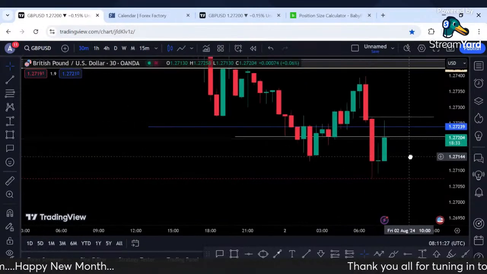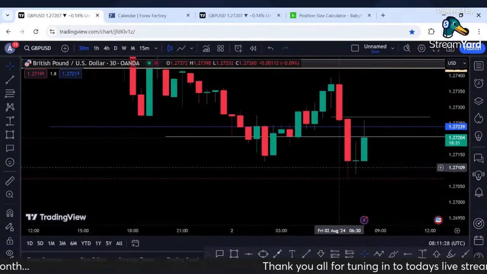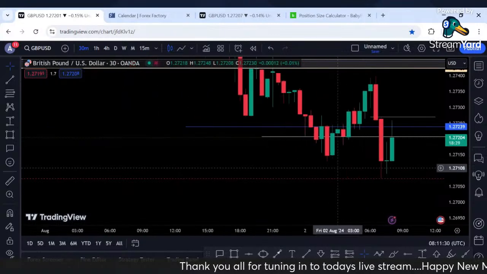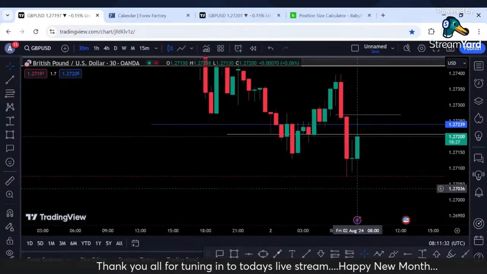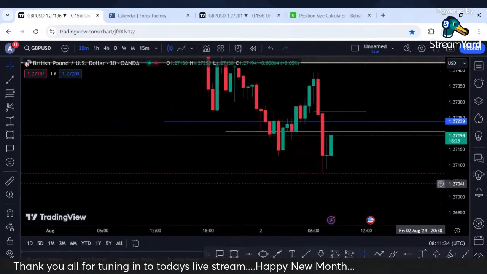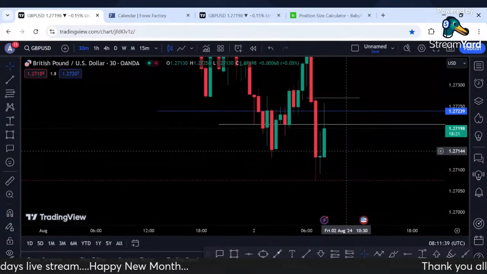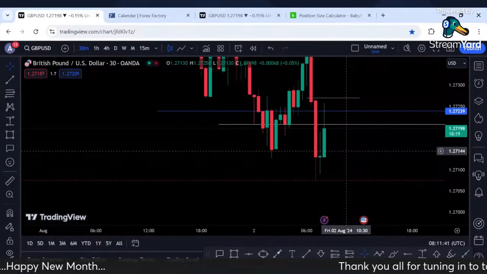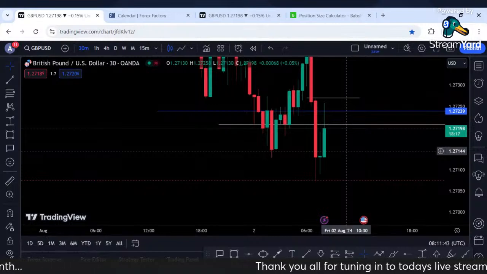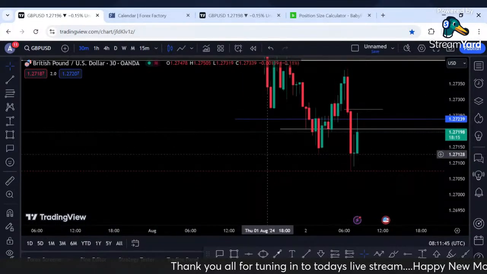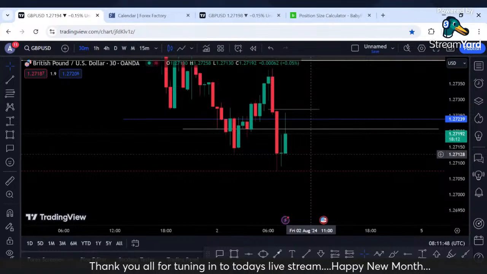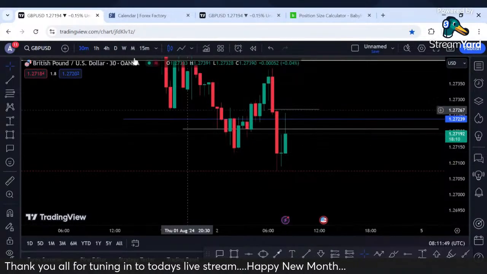So the candle is flipping. And you have to find a better place to lay in your stop loss.